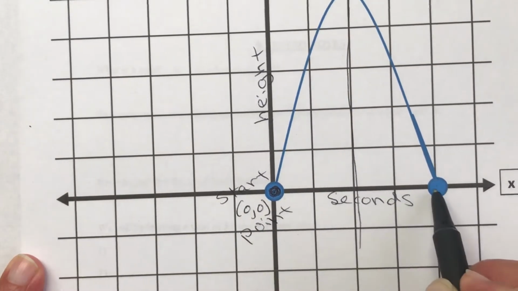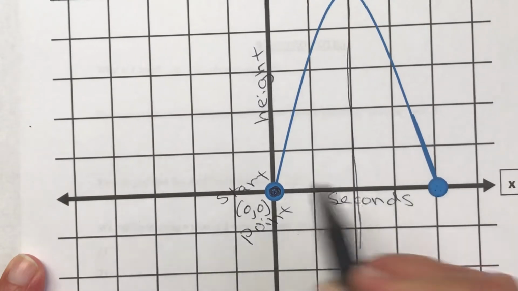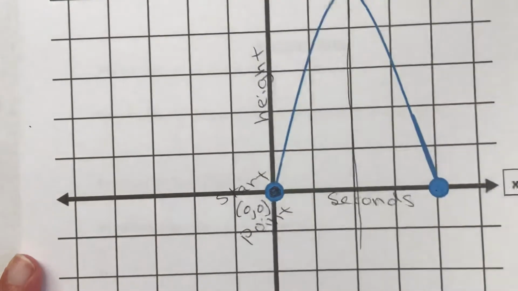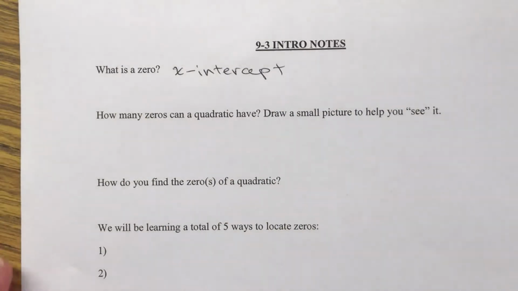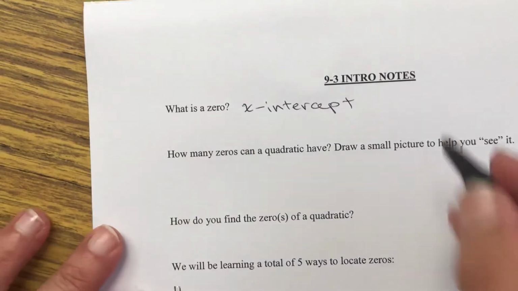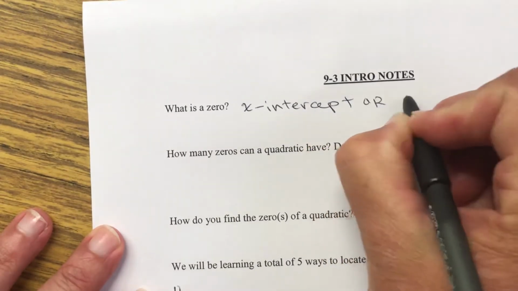So these 2 points would be considered zeros. They're also considered x-intercepts, and they're also considered solutions. So we have lots of different vocabulary words that we can use to represent them. So what is a zero? Well, it's an x-intercept or a solution.